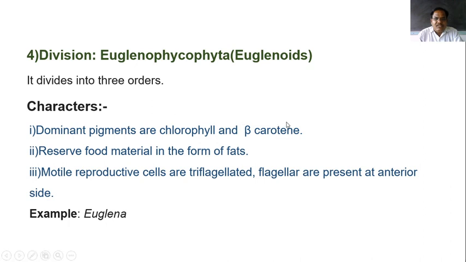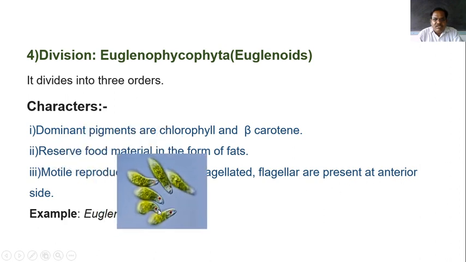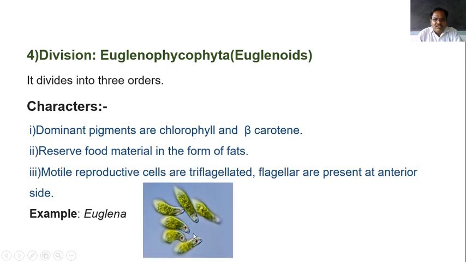Reserve food material is in the form of fats, as they are animal-like. Motile reproductive cells are triflagellated, meaning 3 flagella are there. Flagella are present at the anterior side, and the example of this one is Euglena. When you observe this one, it is animal-like and it has the presence of chlorophyll pigment. So this is the character of Euglena or the Euglenophycophyta.